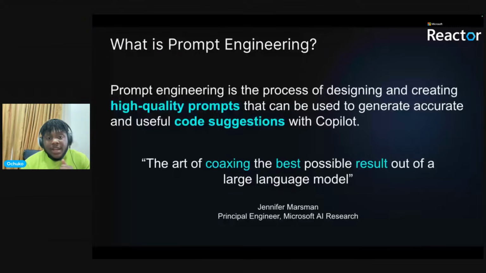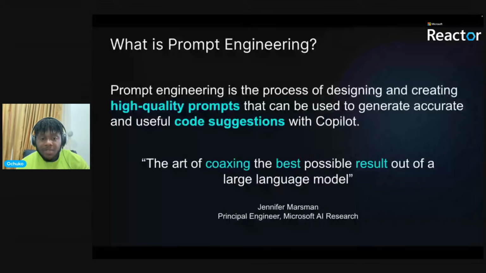Prompt engineering is the process of designing and creating high-quality prompts that can be used to generate accurate and useful code suggestions with Copilot. This definition summarizes what prompt engineering is. You can also see a quote from one of the principal engineers at Microsoft AI Research: "The art of coaxing the best possible result out of a large language model."